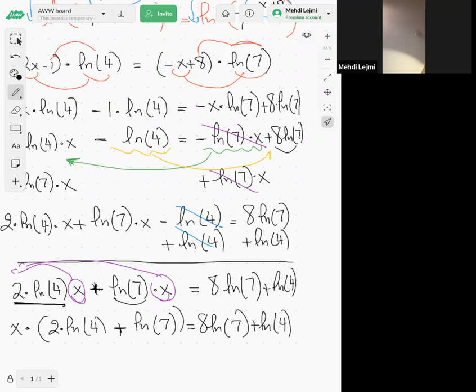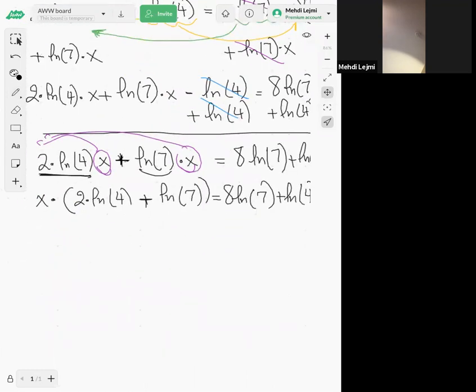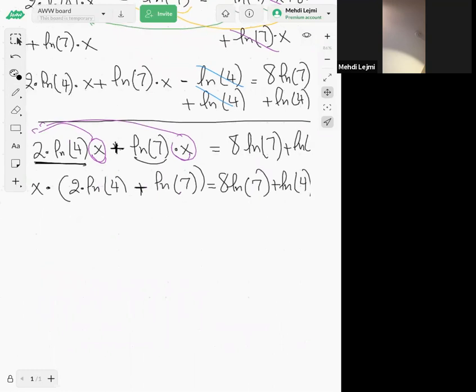Okay, and now I can get my x by dividing by this 2 natural log of 4 plus natural log of 7. And you have to do, of course, the same thing to the right side. Whatever you do on one side, you do exactly the same on the other side.